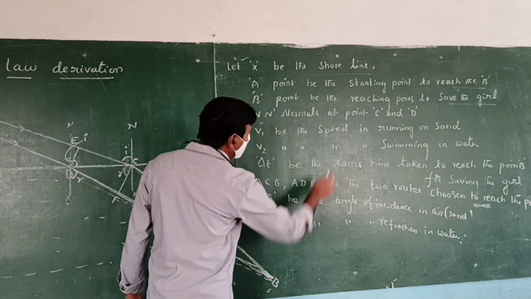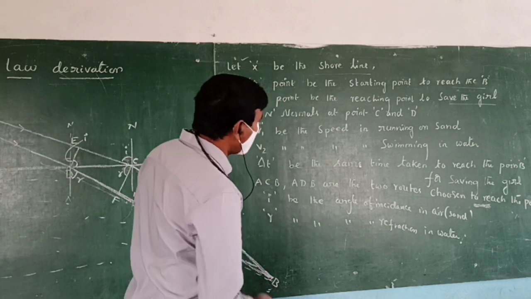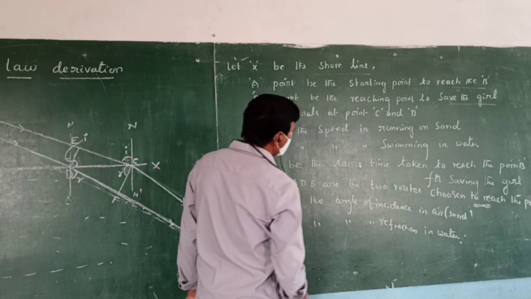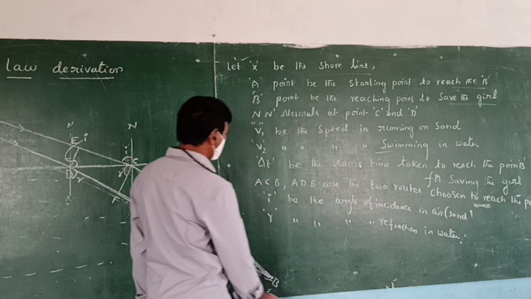V1 is the speed of the person running on the sand, and V2 is the speed of the person swimming in the water.